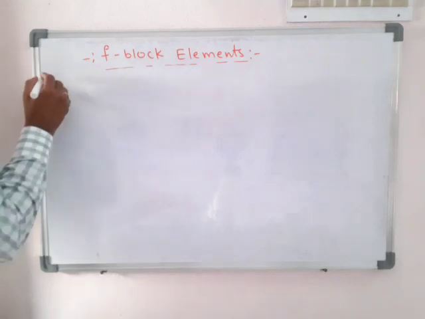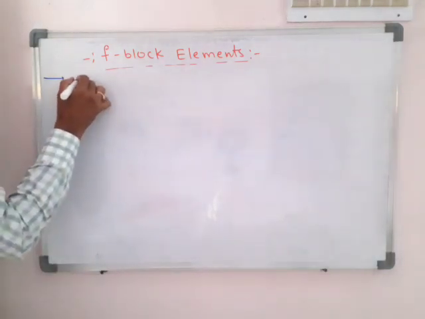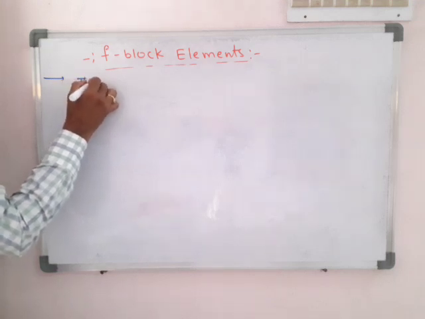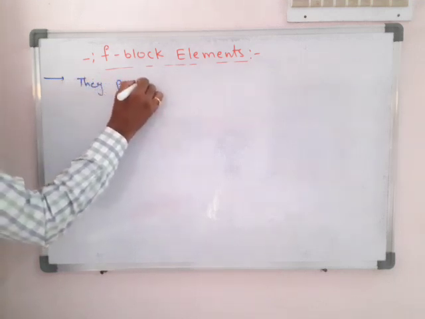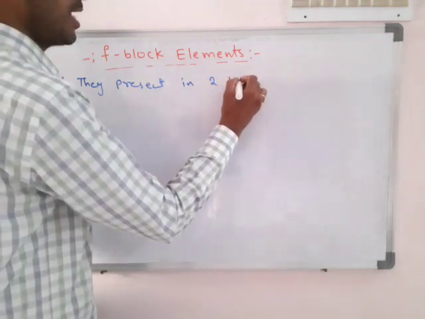The F block elements are present in 2 series. They are present in 2 horizontal rows.